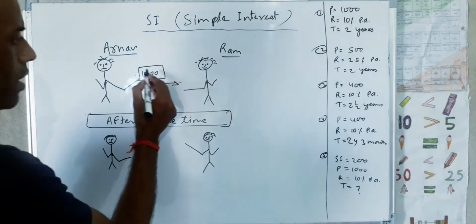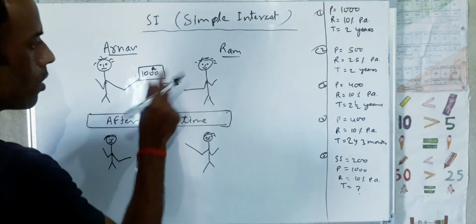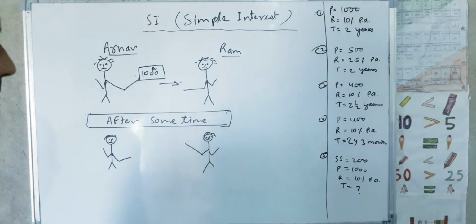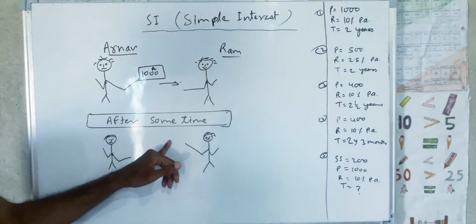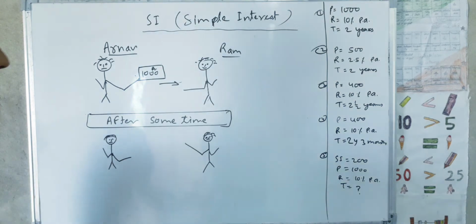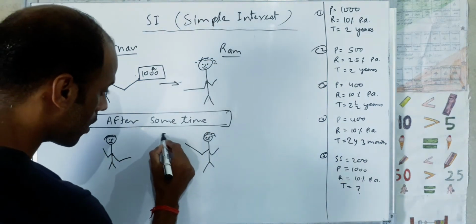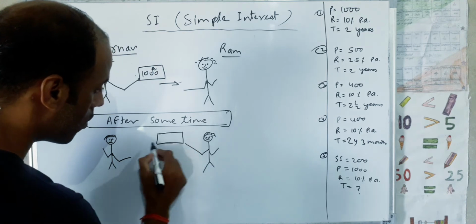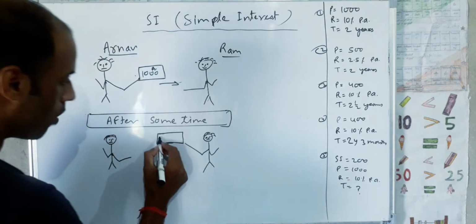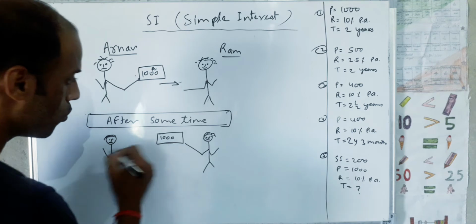After some time, Ram will have to return 1000 rupees to Arnav.